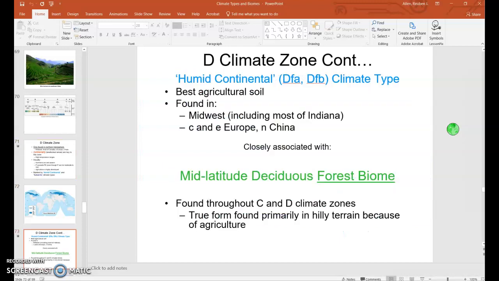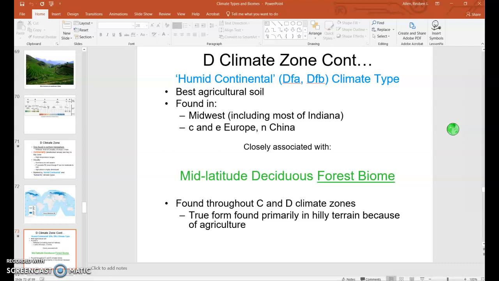Now, many people consider Indiana a boring state because much of it is dedicated to agriculture. If you have flat lands that are pretty easily accessible with this climate type, humid continental, which is large around the world, these places are going to be mostly dedicated to agriculture because no season really dominates.